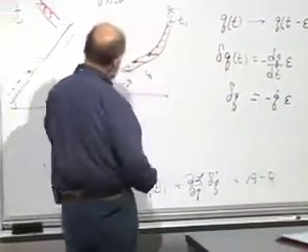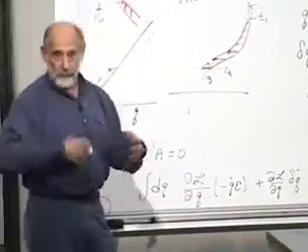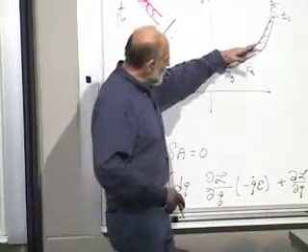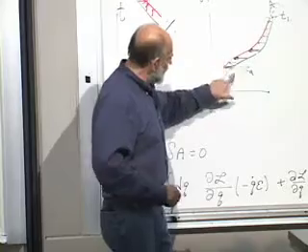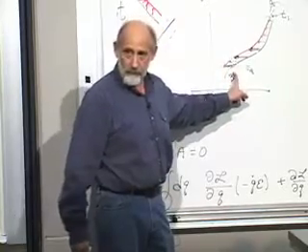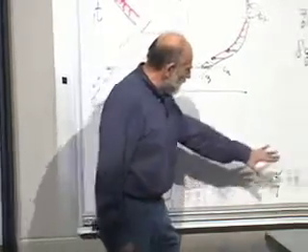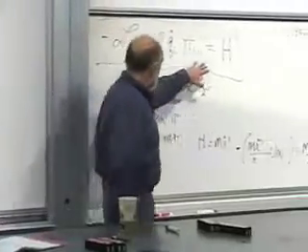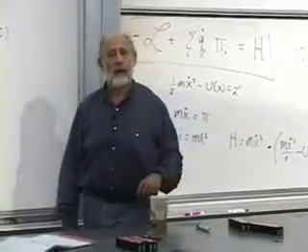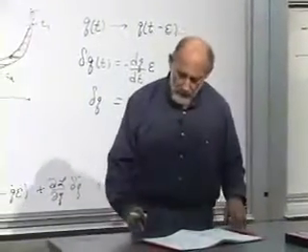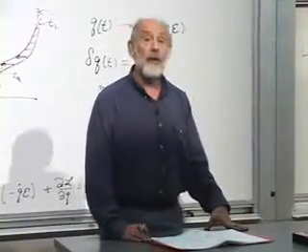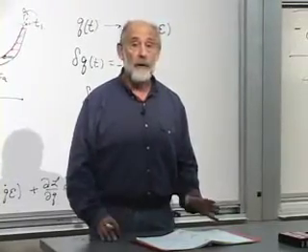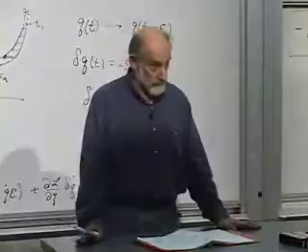If the action explicitly depends on time, in other words, forces change with time and so forth, then the new trajectory will not have the same action as the original trajectory. If that's the case, this whole derivation breaks down and the energy is not conserved. But next time, remind me, I'll work out what happens to the energy if the Lagrangian has an explicit time dependence in it. The answer is energy is not conserved.